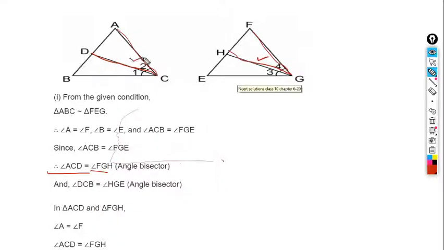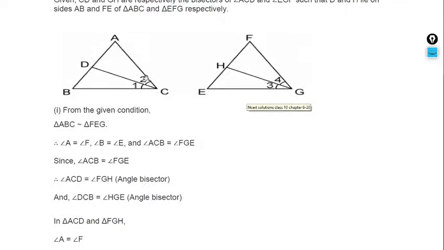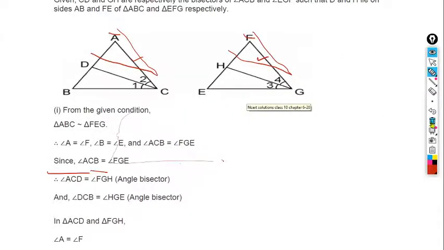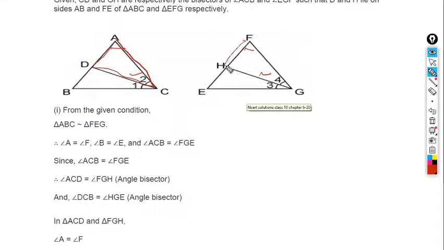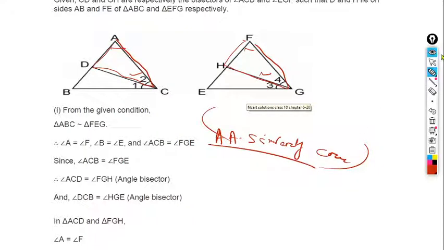So these two angles are equal, and previously it was given that angle A is equal to angle F. Now you can see angle 2 equals angle 4 and angle A equals angle F. Therefore, these two triangles must be similar, and the similarity criterion is the angle similarity criterion.